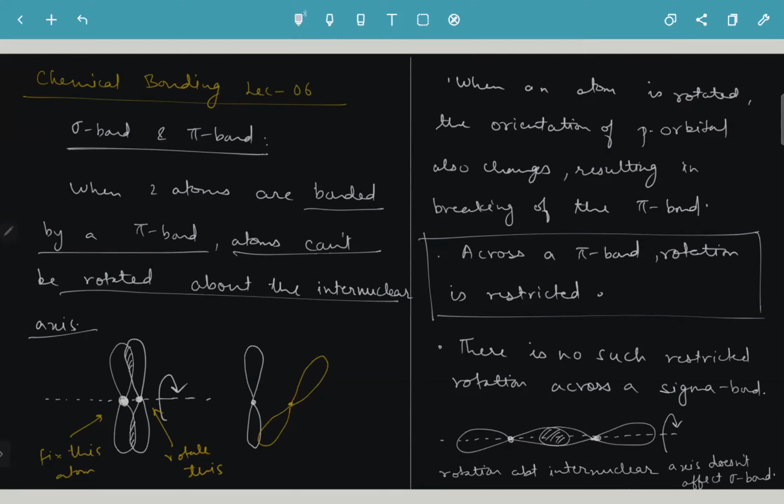We'll see its application when we study about geometrical isomerism and conformational isomerism. Not in tautomerism. The application of this restricted rotation, free rotation, is there in geometrical isomerism and conformational isomerism. Across a pi bond, rotation is restricted. We say that across a sigma bond, free rotation is possible.